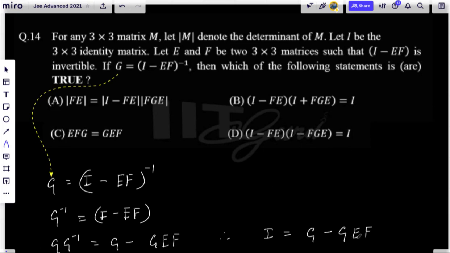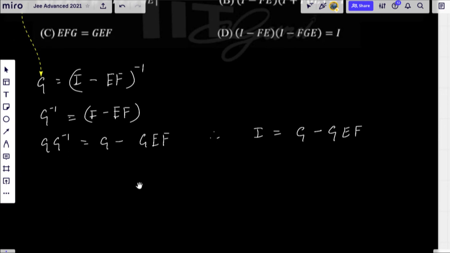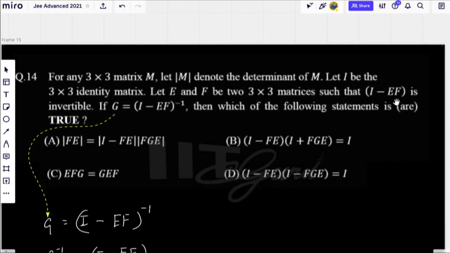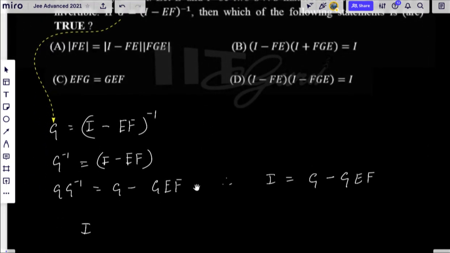Okay, and also we say that I is equal to G minus EFG. I is given over here as I minus EF. So I equal to what?